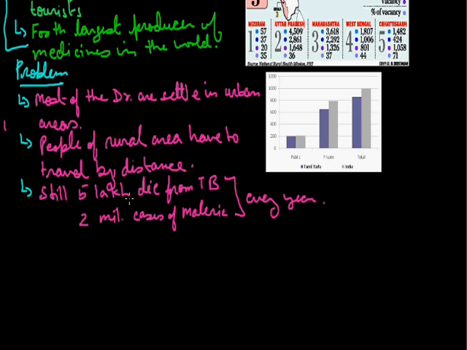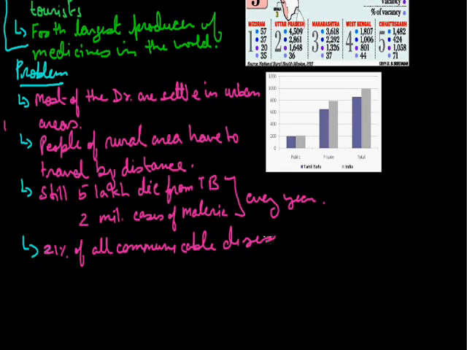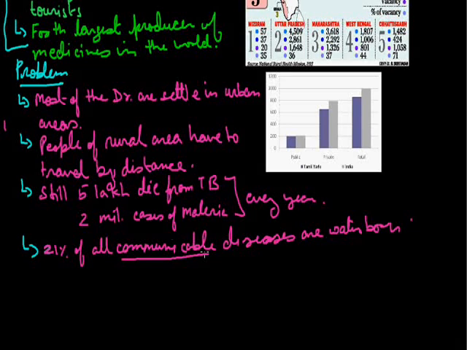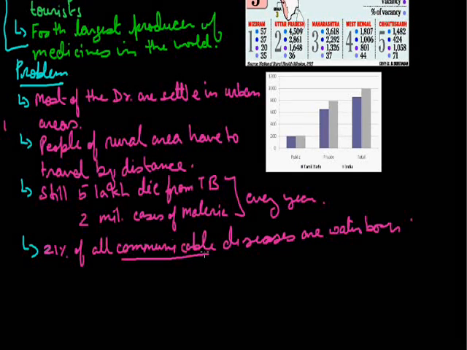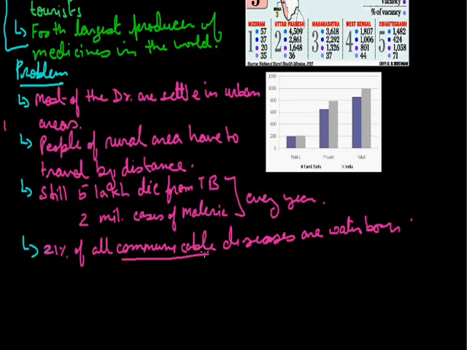Still, we see more than 5 lakh deaths because of tuberculosis, and 2 million cases of malaria are normal in India every year. Now, communicable diseases are those diseases which spread easily through infections, bacteria and viruses, and 21% of all communicable diseases are because of water.